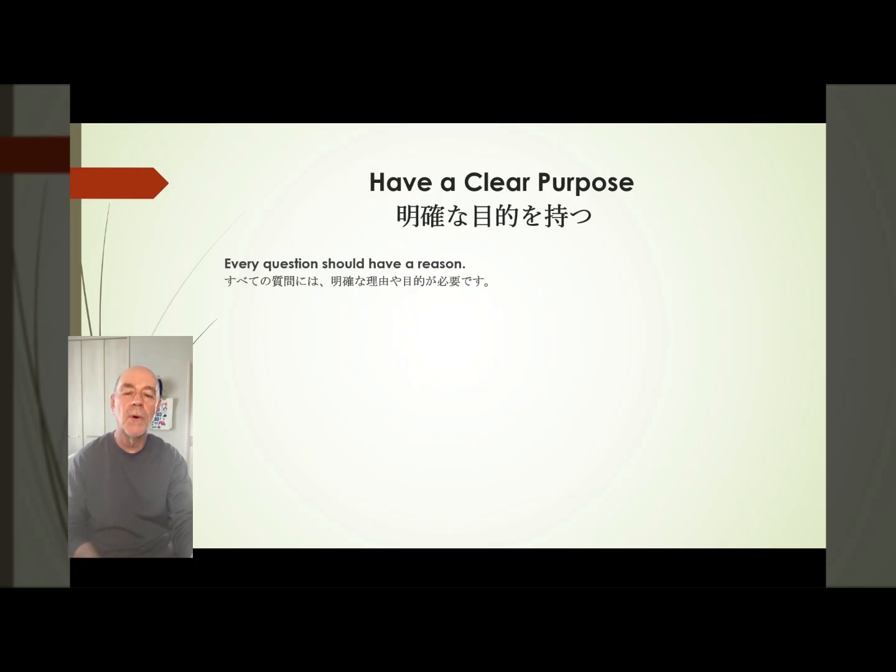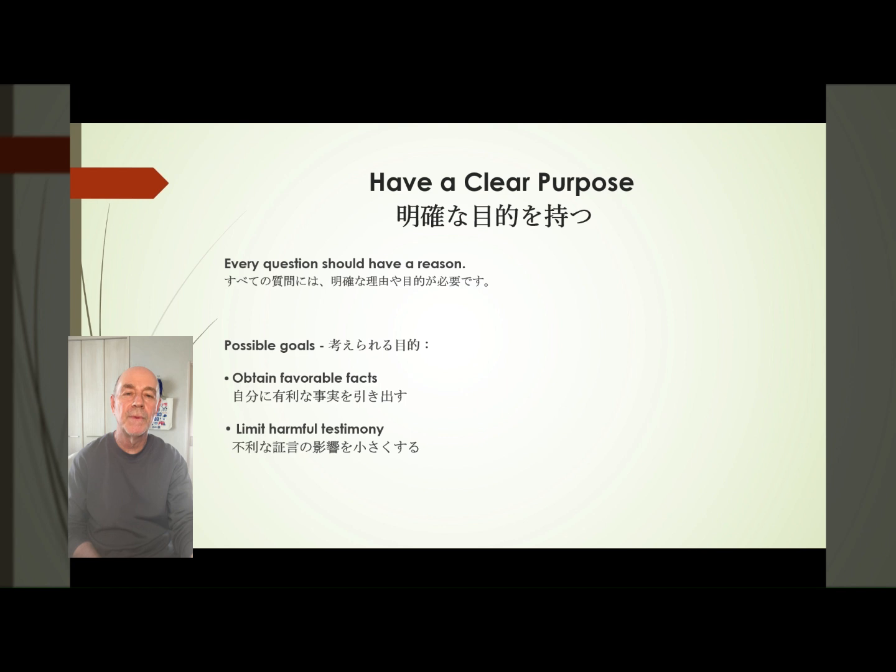The possible goals that you should be thinking of: trying to obtain favorable facts, things that are good for your case. How to limit harmful testimony, meaning if something was said that was not good for your case, you try to limit that. Show inconsistency. For instance, if that witness or another witness has said something different previously and you want to highlight that during the testimony.